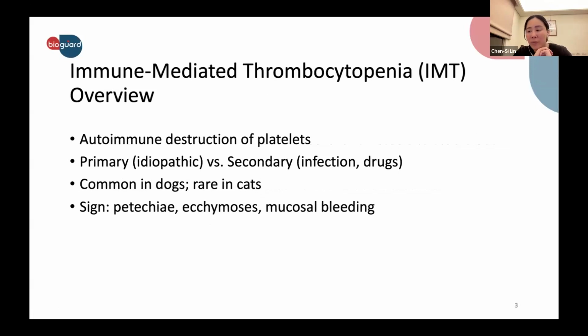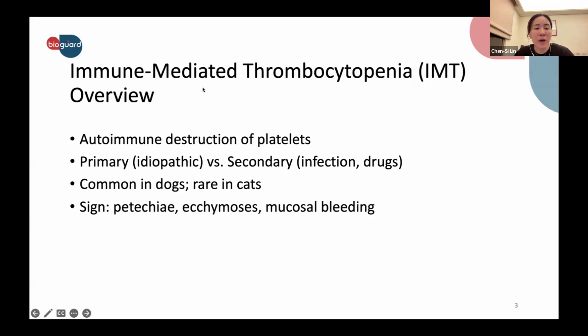Immune-mediated thrombocytopenia occurs when autoantibodies destroy platelets. Sometimes they do not only destroy platelets, they also attack megakaryocytes, because megakaryocytes are the major source of platelets. The places where they attack these cells are basically the spleen and the liver.